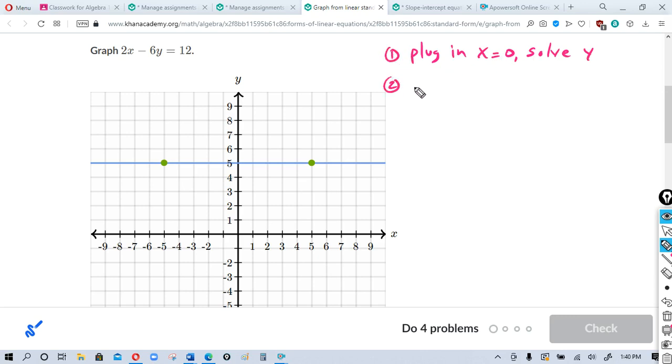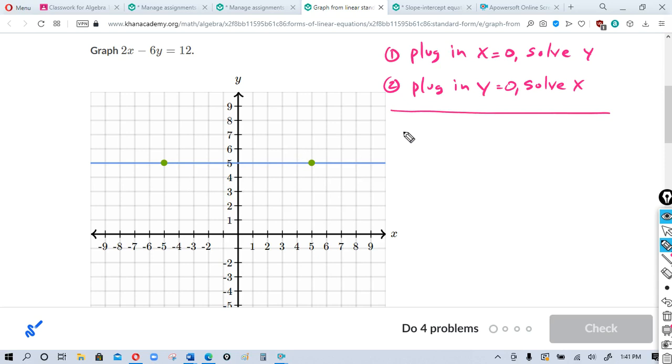And then plug in y equals 0 and solve for x. All right. And when you do those two steps, you're going to get 2 points. Okay. And you just click and drag the points to the coordinates that you get.